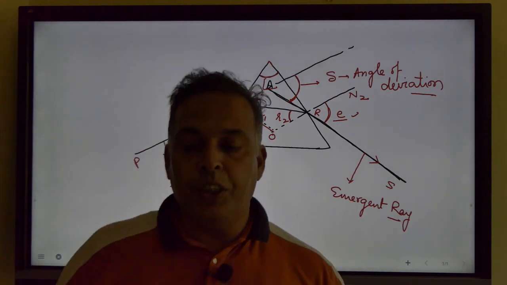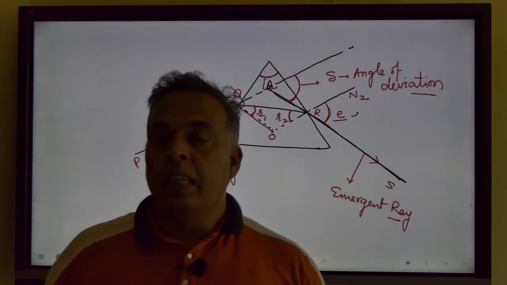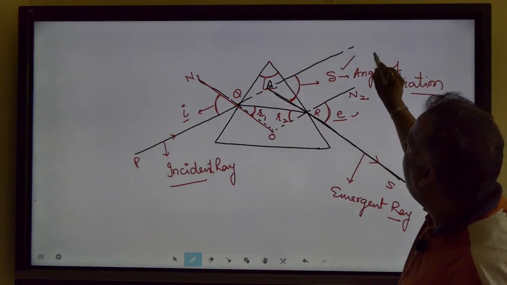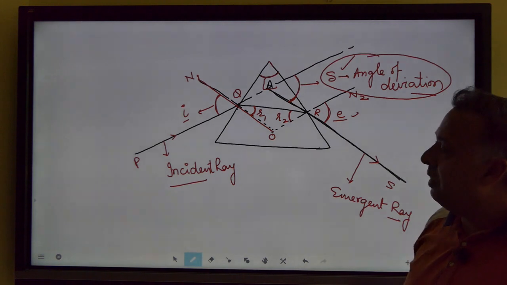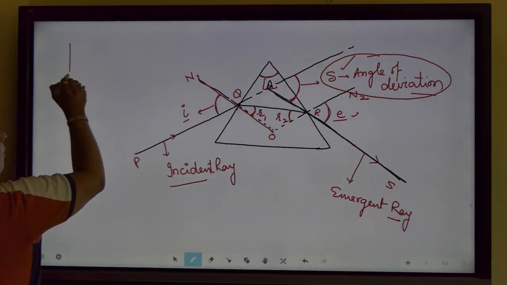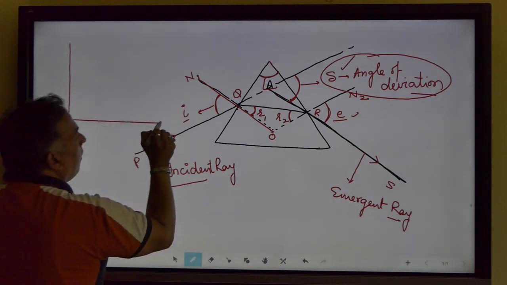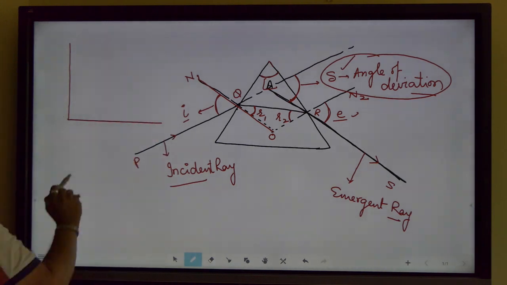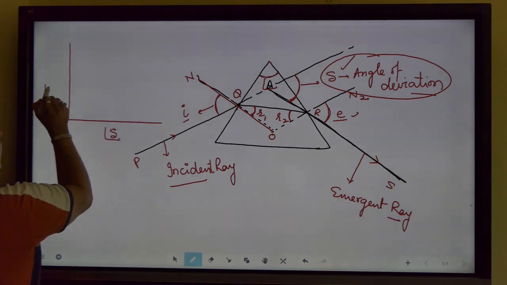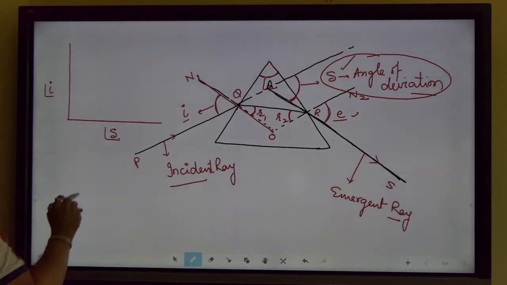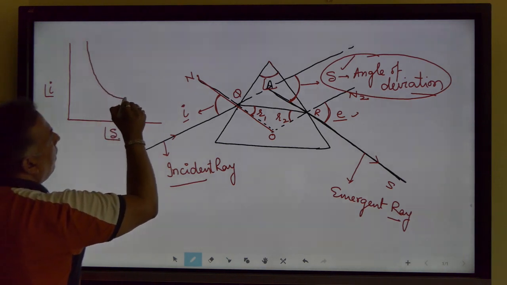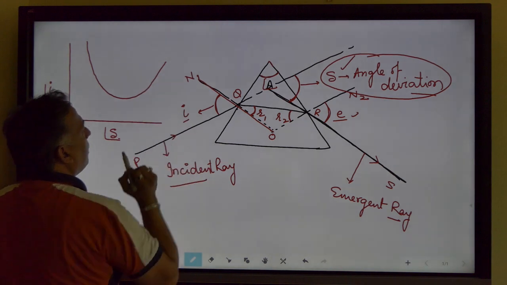Now, we will talk about how the deviation takes place. What is the angle of deviation? In this case, this was the angle of deviation and this is the angle of incidence. If I start increasing the angle of incidence, this angle of deviation decreases.